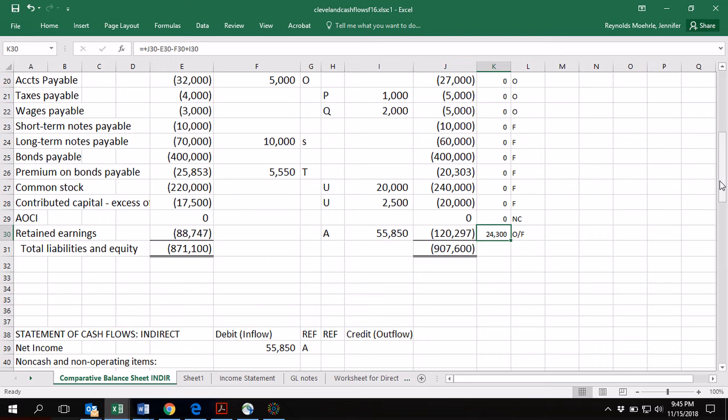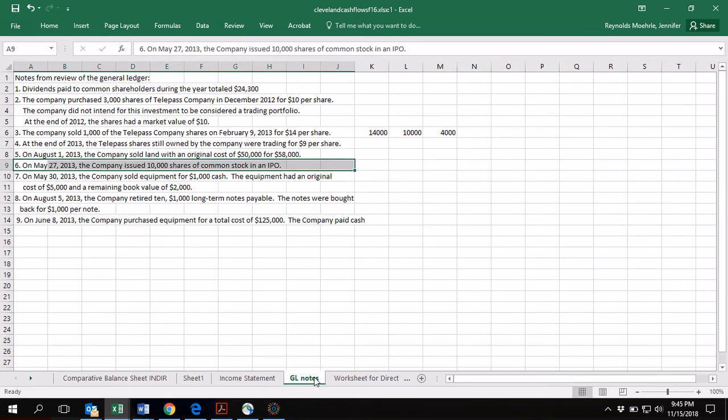So retained earnings, what could possibly make retained earnings smaller by 24,300? You have your suspicions. We would want to look in the general ledger and see. If you noticed item number 1 off the top of your list there, we paid dividends that totaled 24,300.